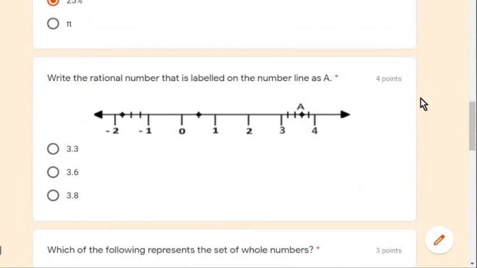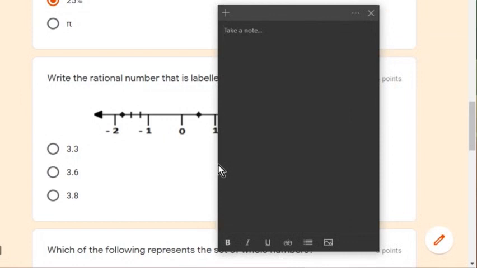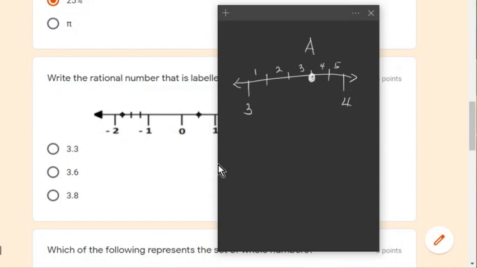Write the rational number that is labeled on the number line as A. So let's draw that part of the number line here. So assuming this is the number line, we have 3, and then we have 4. And then there are 4 marks in between. So this means the space between 3 and 4 has been divided into 5 equal parts. Okay, and then the third mark is where the A is.